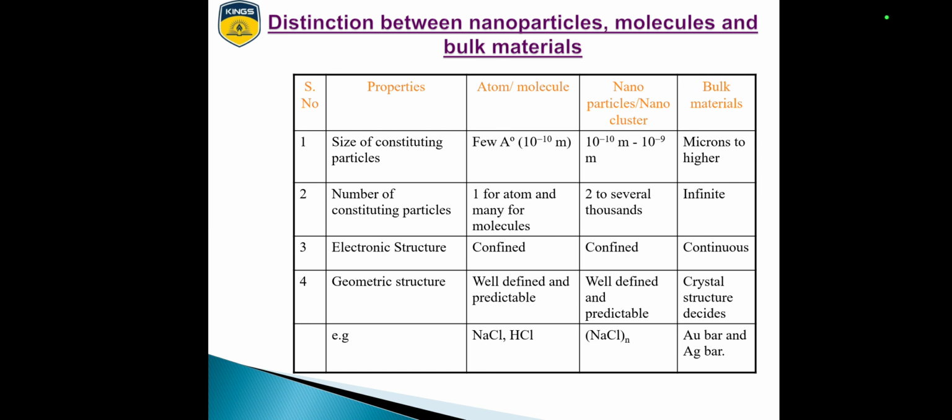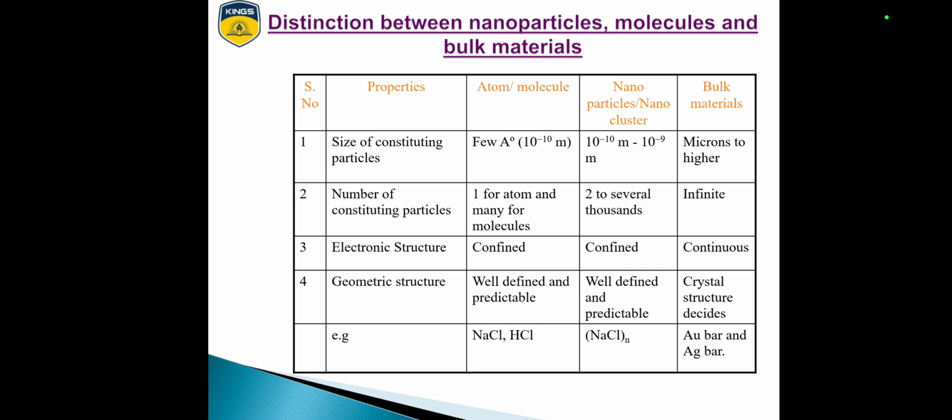The size ranges vary: for atom or molecule, it is 10 to the power of minus 10 meter; for nanoparticle, 10 to the power of minus 10 to 10 to the power of minus 9; for bulk material, microns or higher. Then the second property, number of constituent particles: one for an atom, and many for a molecule.